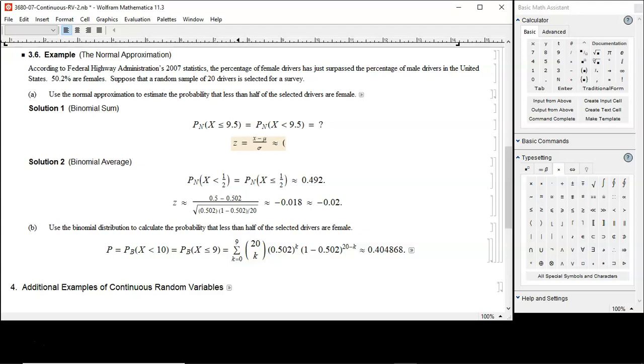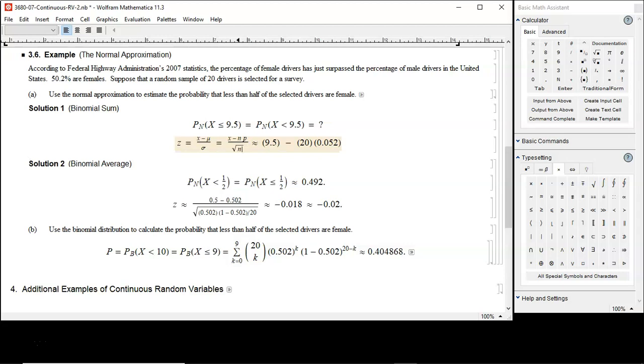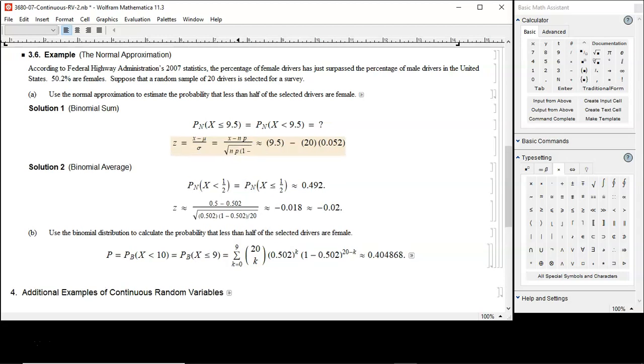So X is 9.5 and mu is 0.502 NP, 20 times 0.502. Now let me just take one more step. X minus NP over square root of NP times 1 minus P.